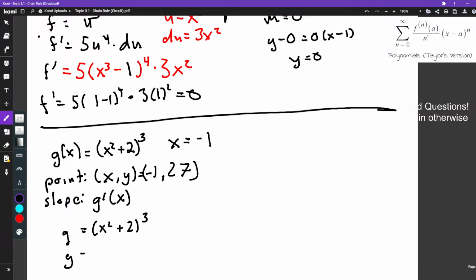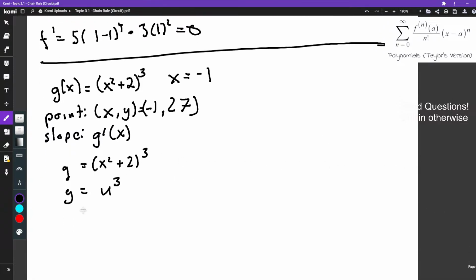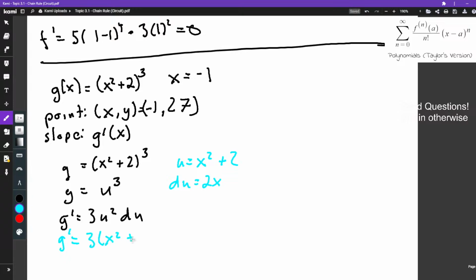I don't like that x squared plus 2, so I'm gonna make it u cubed. g prime is equal to 3u squared du. u is equal to x squared plus 2. du is equal to 2x. So my g prime is equal to 3 times x squared plus 2 squared times 2x.